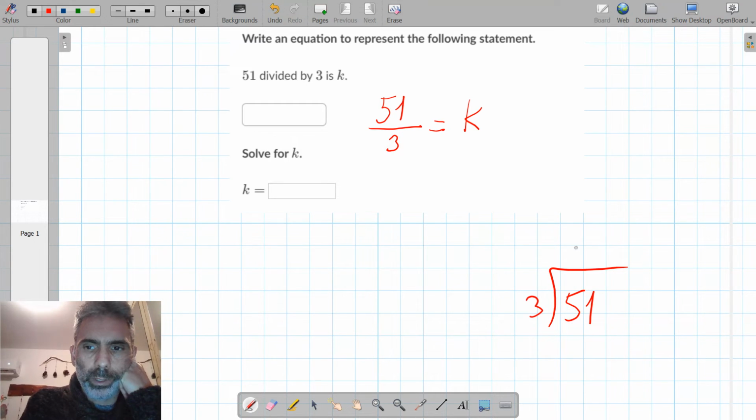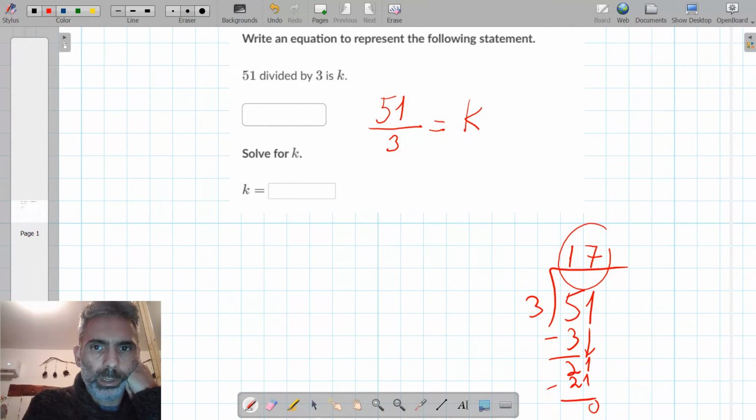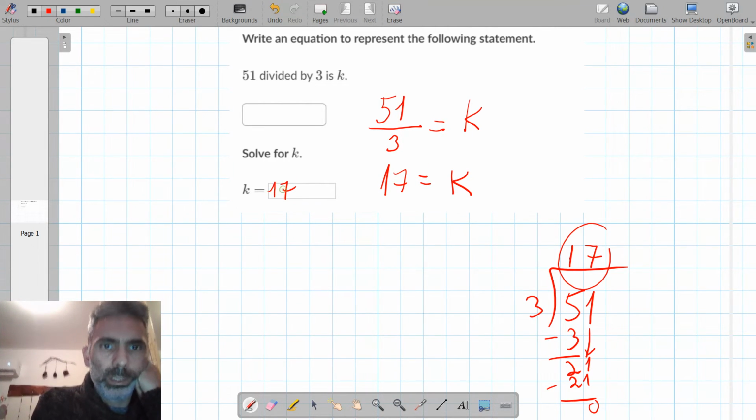3 goes into 5, 1 times 3 is 3, 5 minus 3 is 2. We bring down the 1, 3 goes into 21 7 times, so 7 times 3 is 21, no remainder. So the left hand side is 17, the right hand side is k, so k is 17, and that's it.